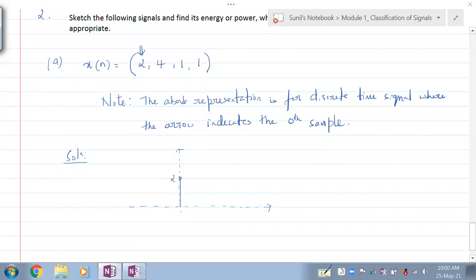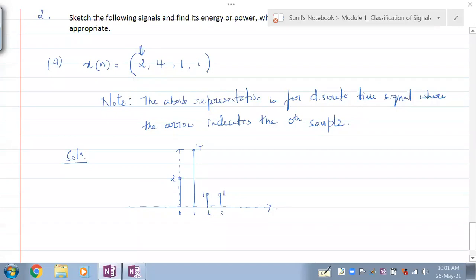At 0 we have 2. At 1 we have 4. Then at 2 and 3 we have samples of amplitude 1.